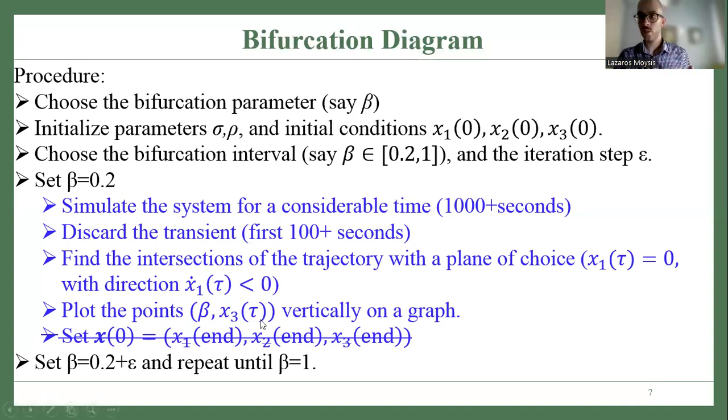So after I finish with all of this, here is the interesting point. Usually, we reinitialize the initial conditions. After the simulation is finished, we choose the initial conditions x0 equal to the last value of this trajectory. And then we increase the parameter, 0.2 plus some small value, and we repeat the same thing.